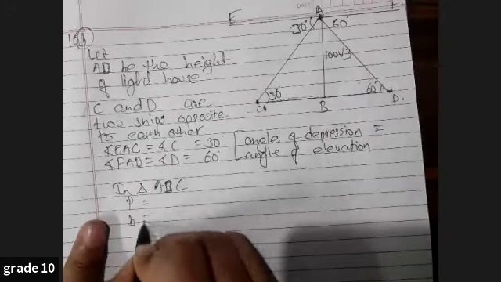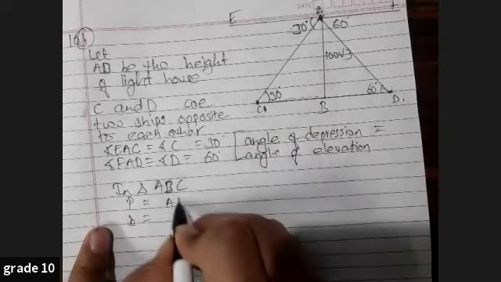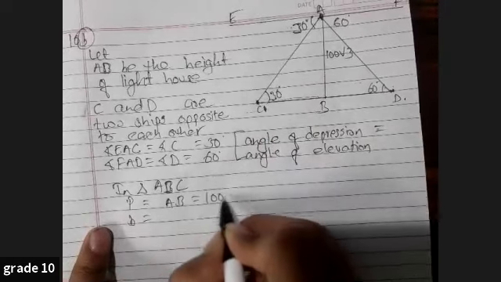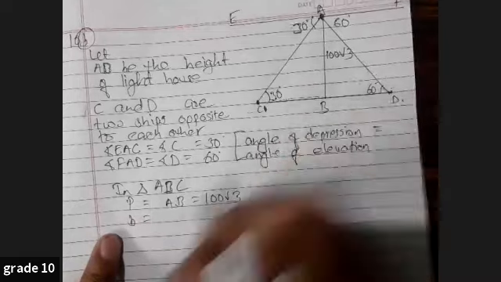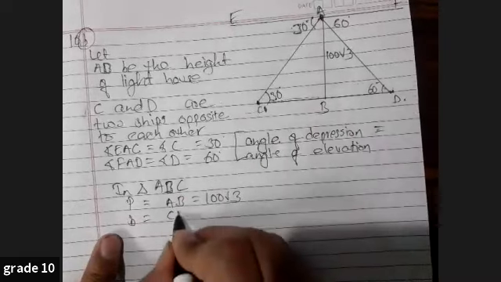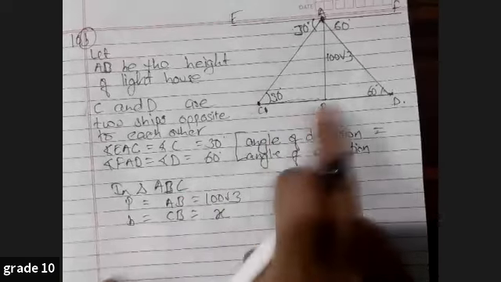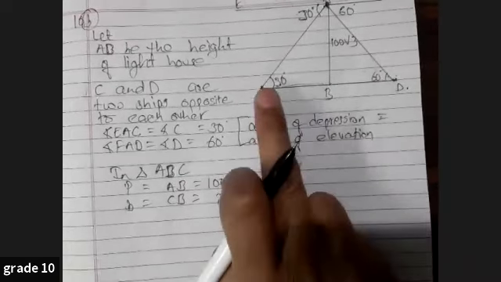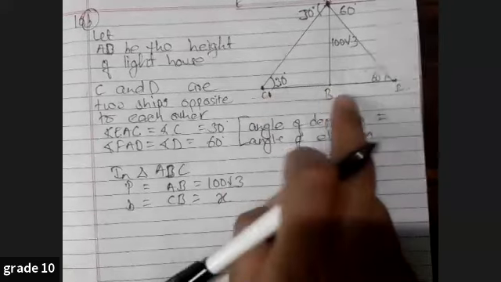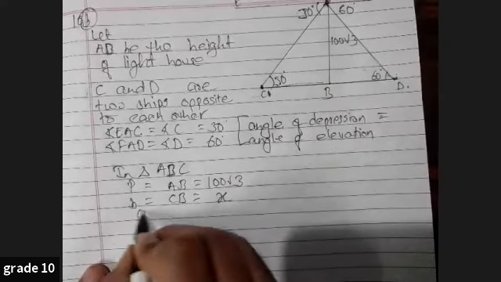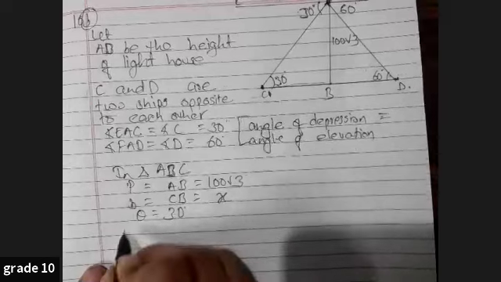So only perpendicular and base. AB is going to be P, whose value is 100 √3, and then CB is equal to X. That has to be solved. It is the distance of the ship from the tower, and theta equals 30 degree in this case.